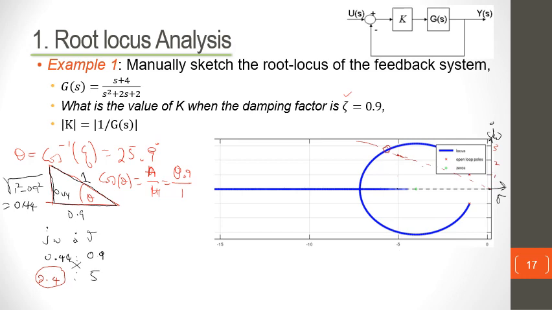So we are looking for a value of k when the poles are located here. And since one is located here, the other will be located as a conjugate complex pole here. We can do a simple scaling by measuring roughly this distance and that side.